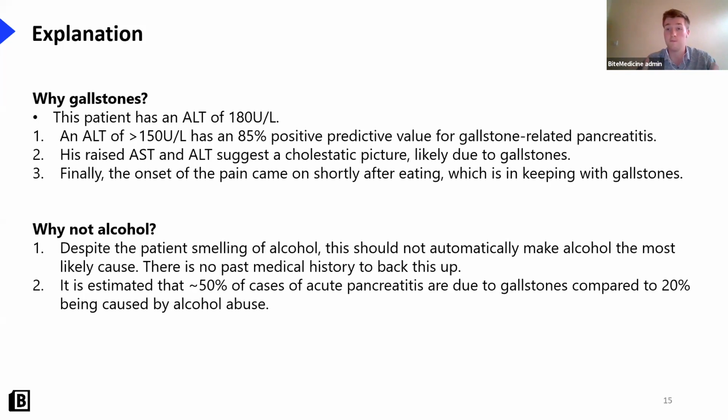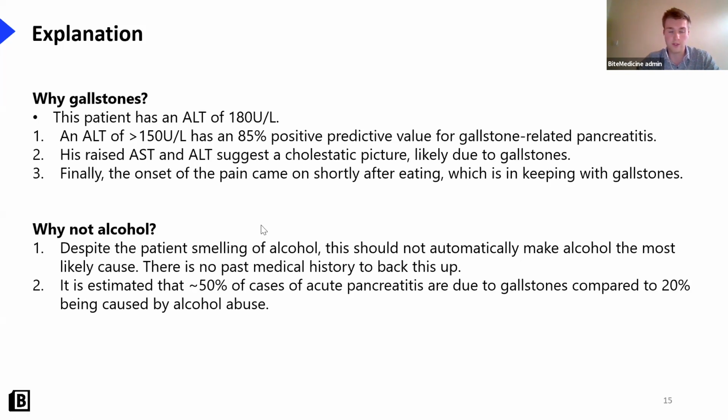Now, in terms of males and females, those statistics do get slightly skewed, so that in men, alcohol abuse is more than 20% of the causes. Had the patient's GGT been raised, then I think it would have been slightly more valid to have assumed alcohol abuse.